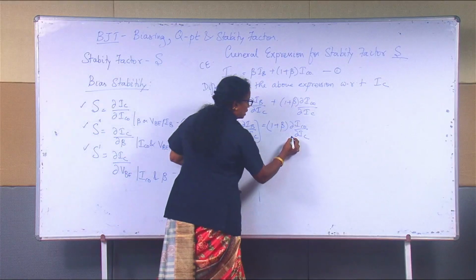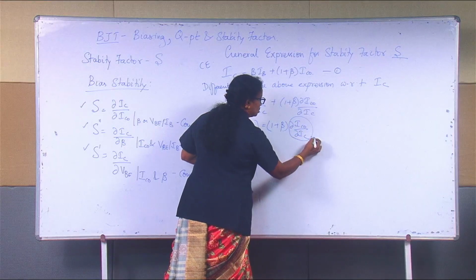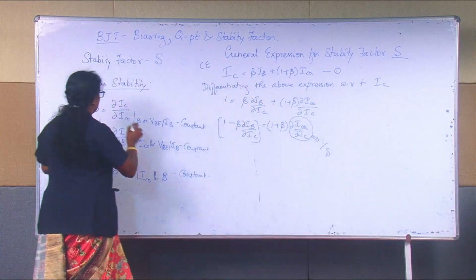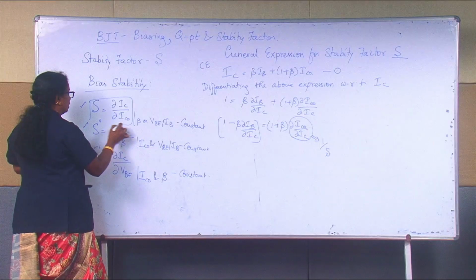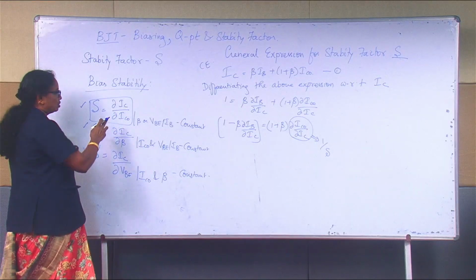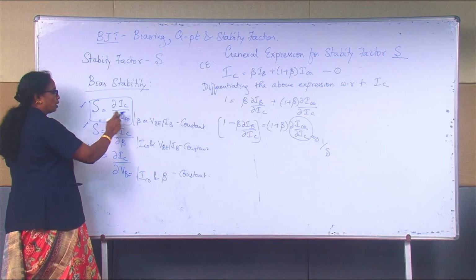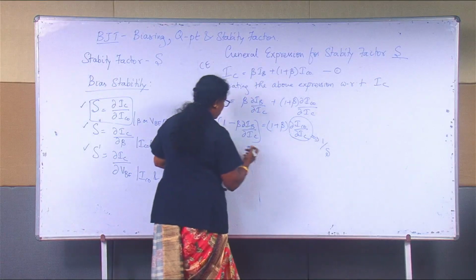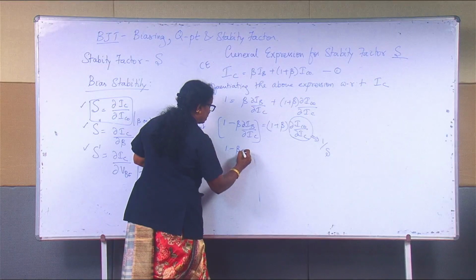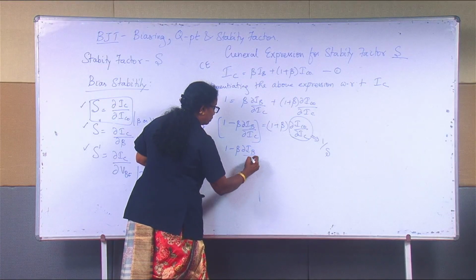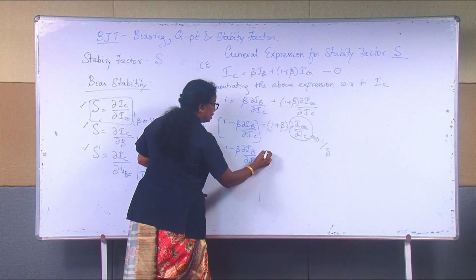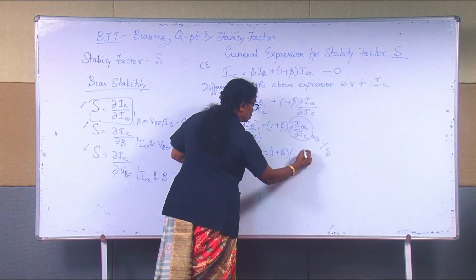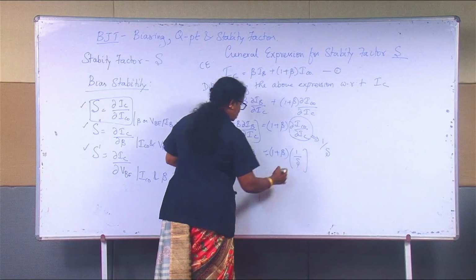If you see this expression, this ratio is 1 by S, since the stability factor is differentiating the collector current with respect to ICO. So 1 minus beta into dou IB by dou IC is equal to (1 plus beta) into 1 by S.